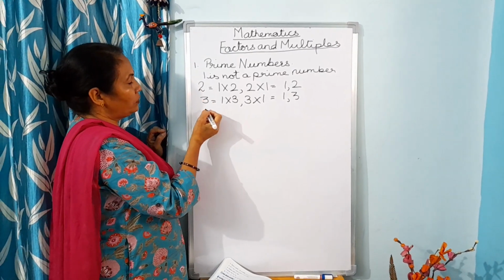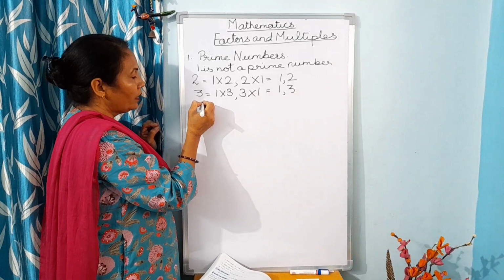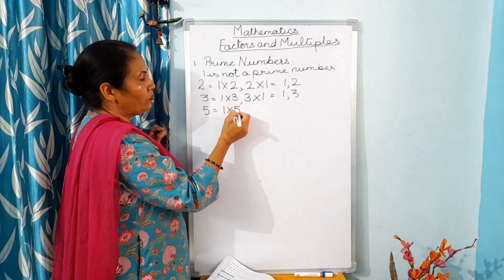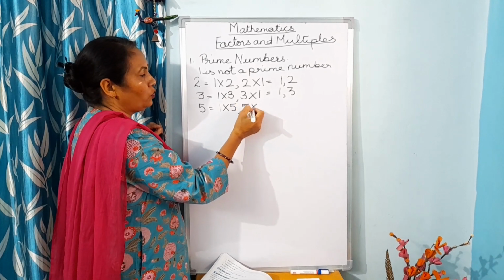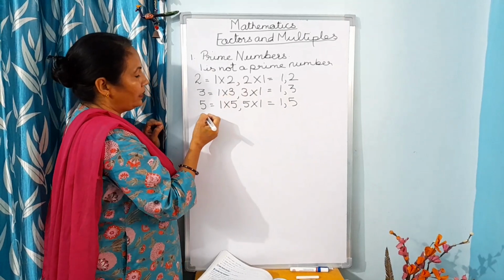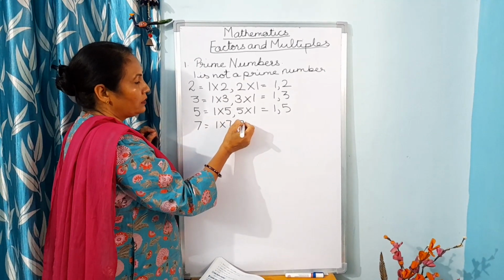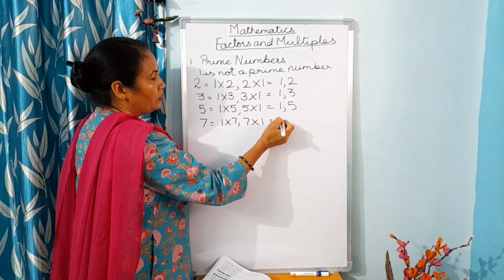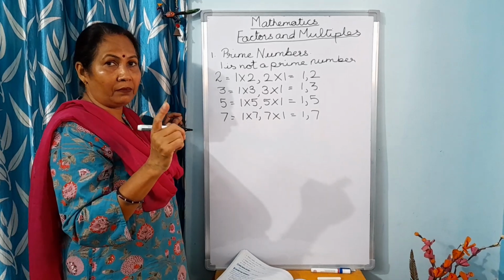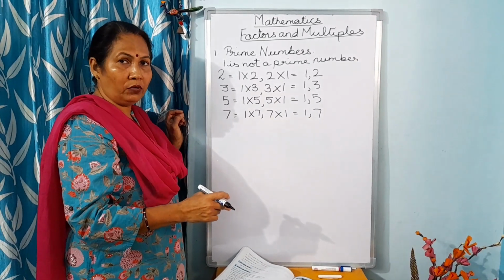Now next I will show you 4 is not a prime number. Next is 5. See, 1 into 5 and 5 into 1. Again 1 and 5. Next is 7. 1 into 7, 7 into 1. So 1 and 7. So like this children, you have 24 prime numbers. I will send you the chart of that which is given in the book.